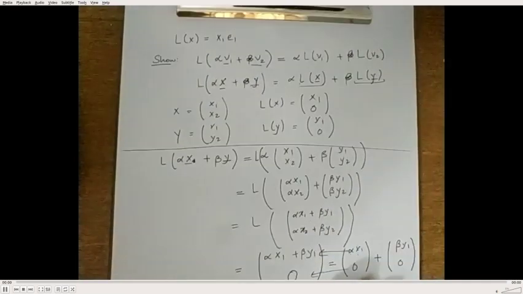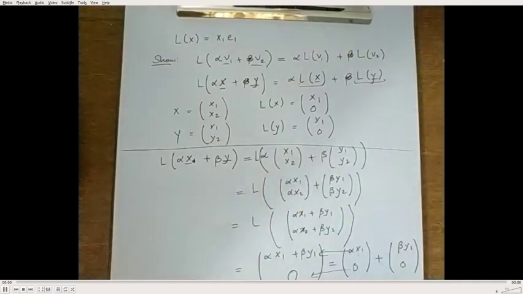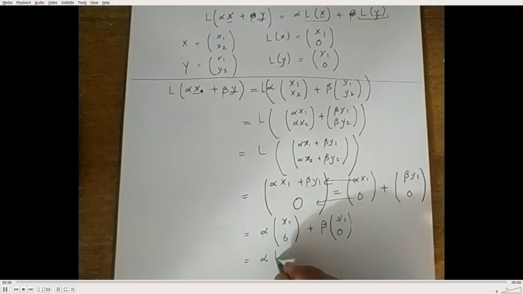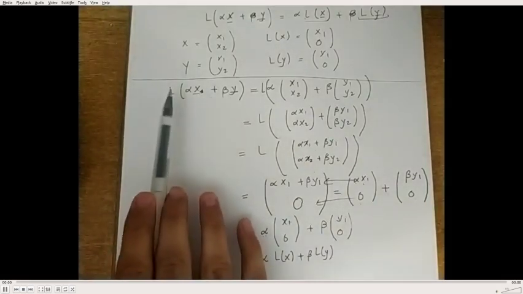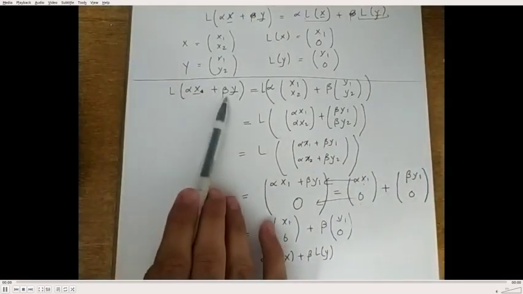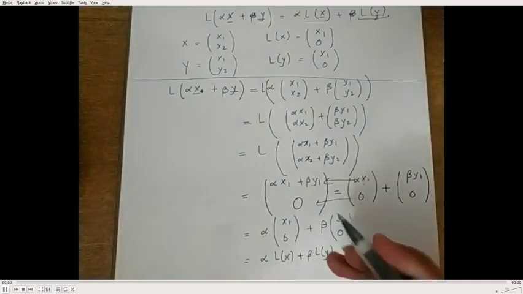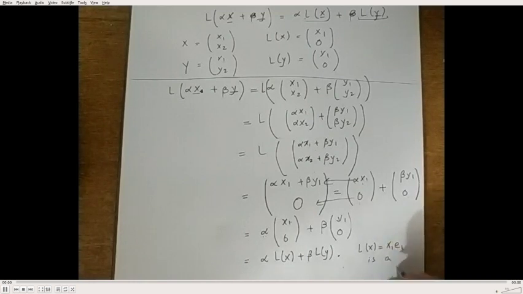And since I've established that (x1, 0) is simply L of x and (y1, 0) is simply L of y, then I can write this is equal to alpha L of x plus beta L of y. And so the transformation of a linear combination remains a linear combination with the same coefficients, and therefore L of x equals x1 e1 is a linear transformation.